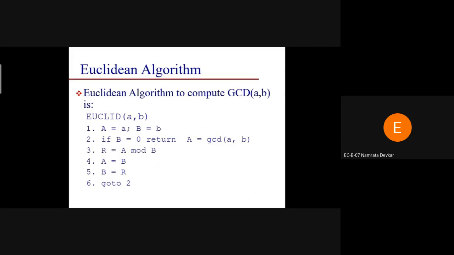We represent capital A as small a and capital B as small b. Second, if B is equal to 0, then we return A, which is GCD of A comma B. These are some basic properties of the Euclidean algorithm.